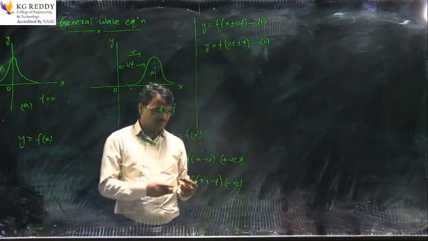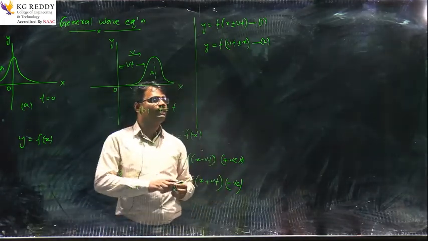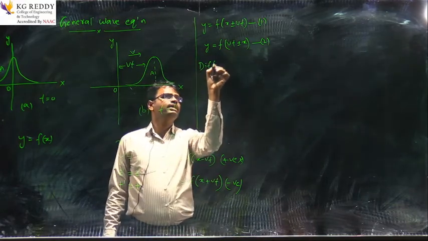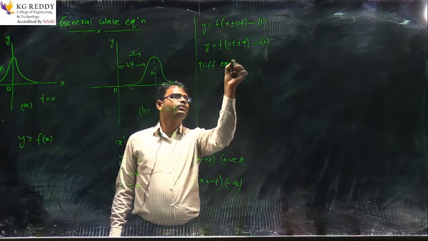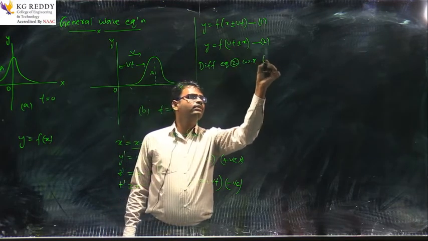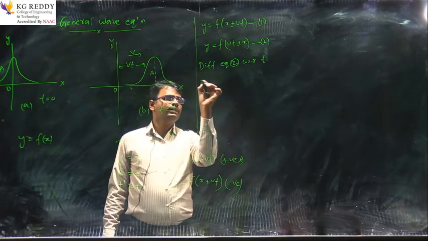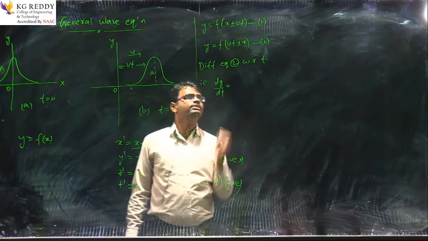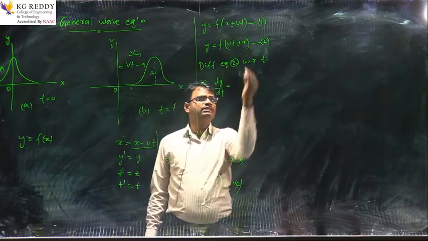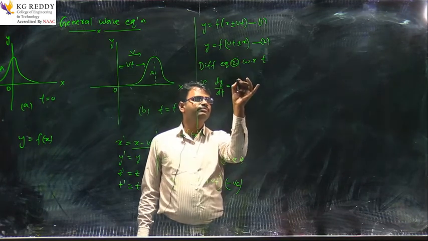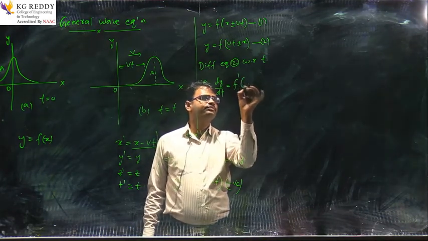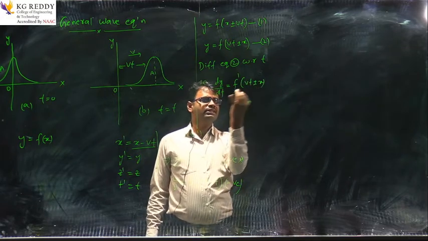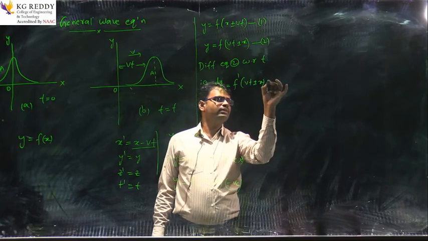Now, I am going to differentiate equation 2 with respect to t two times. Differentiating equation 2 with respect to t, that is dy by dt, which is equal to, this is f of x, right? Differentiation of this function with respect to t, now we will get v.